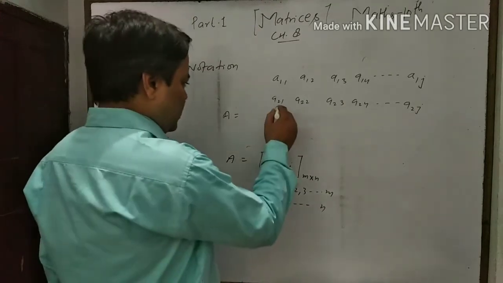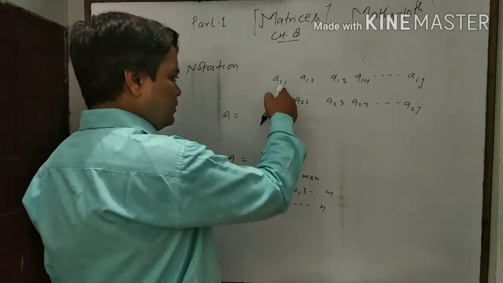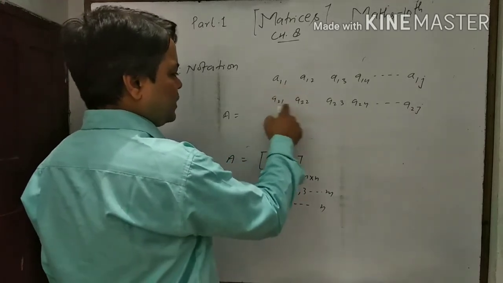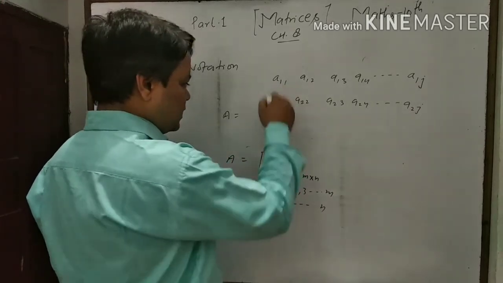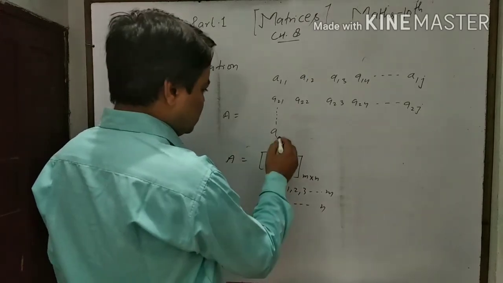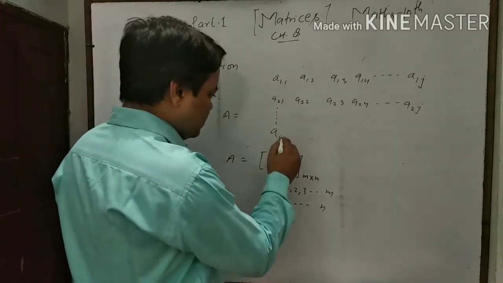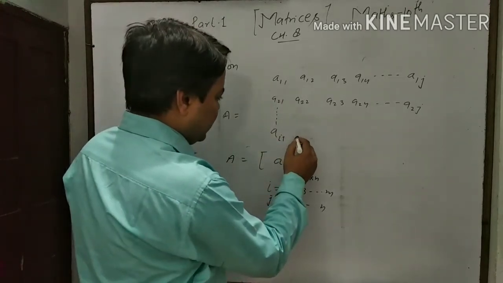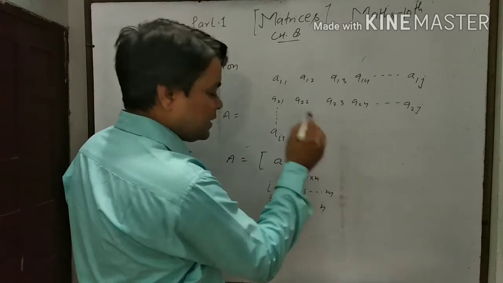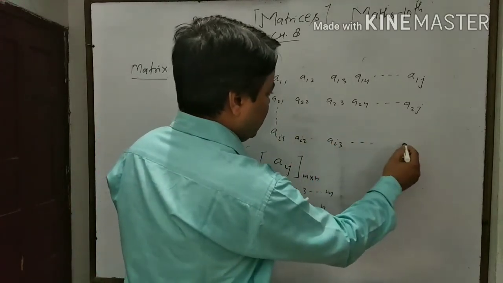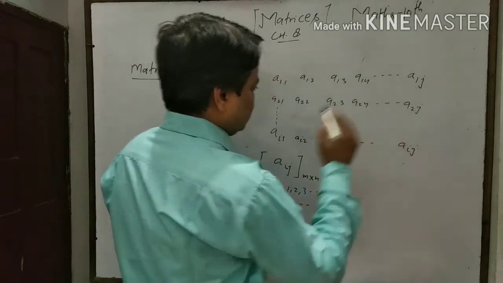And here the number of rows is increasing: first row, second row. Similarly, the last row number is what? That is i. Here a_i1 means the element of the ith row and first column, the element of the ith row and second column, the element of the ith row and third column, like this, up to the element of the ith row and jth column.